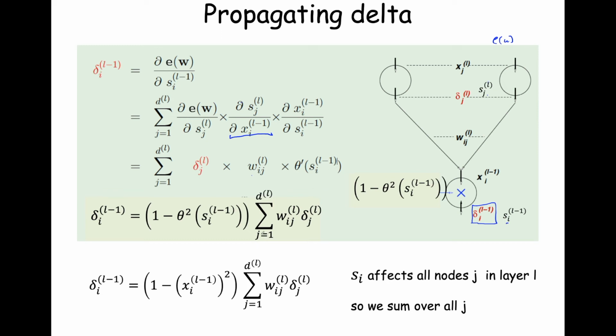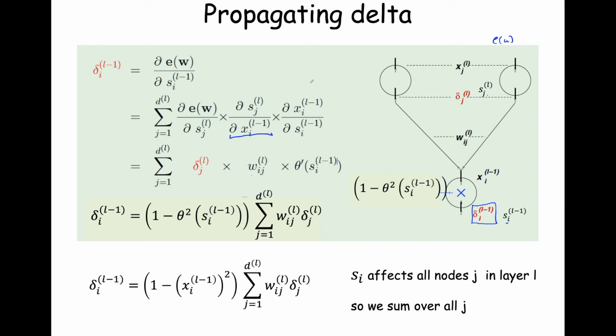Okay, so now we have our delta J, and we're going to sum this across all nodes J, because this node in layer L minus 1 impacts or feeds into, through the weight vector, each one of these J nodes in layer L. And so we have that sum. Why?